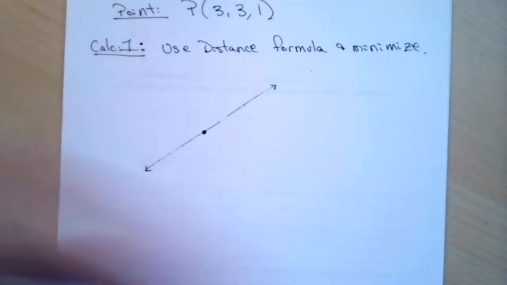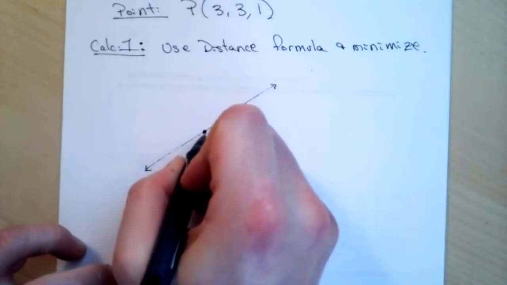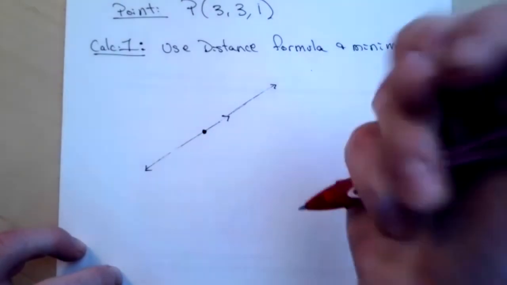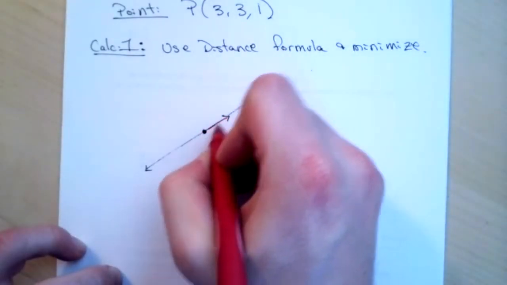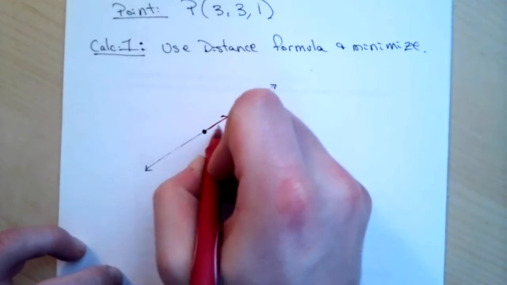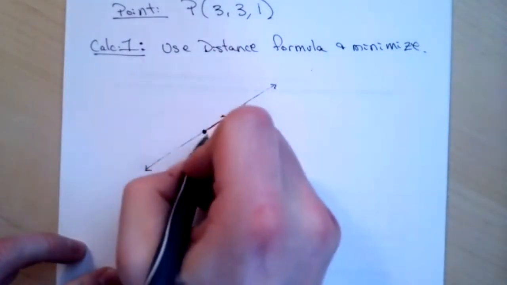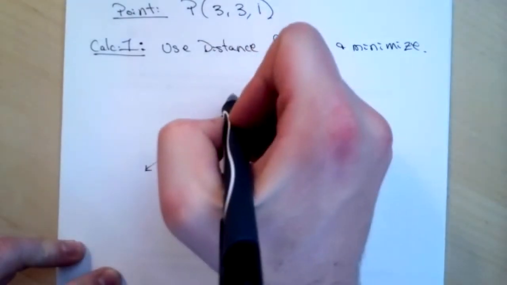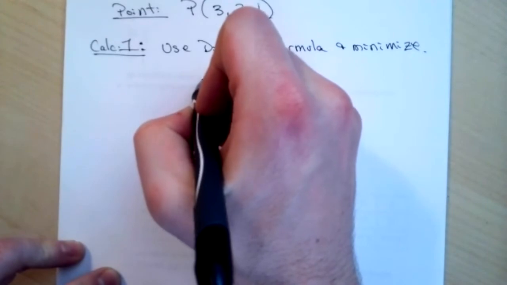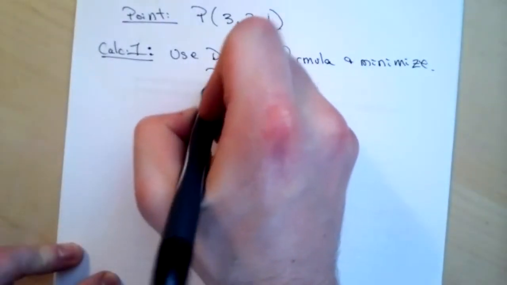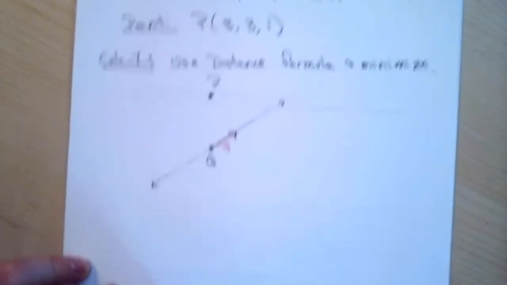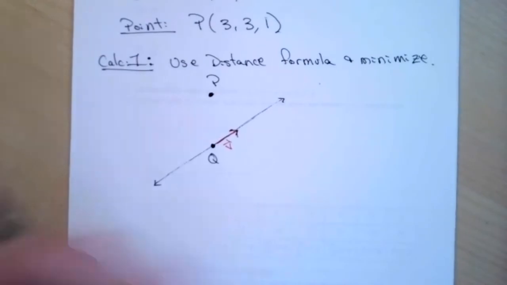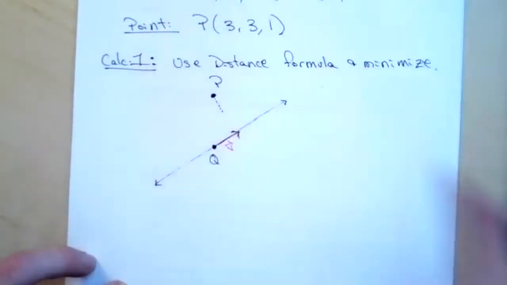If we have a line, as we've mentioned, composed of a point and some directional vector, let's call this point Q on our line. And if I have some point out in space, let's call this our point P. The shortest distance from a point to a line, or from a point to any sort of geometric object, should be orthogonal.